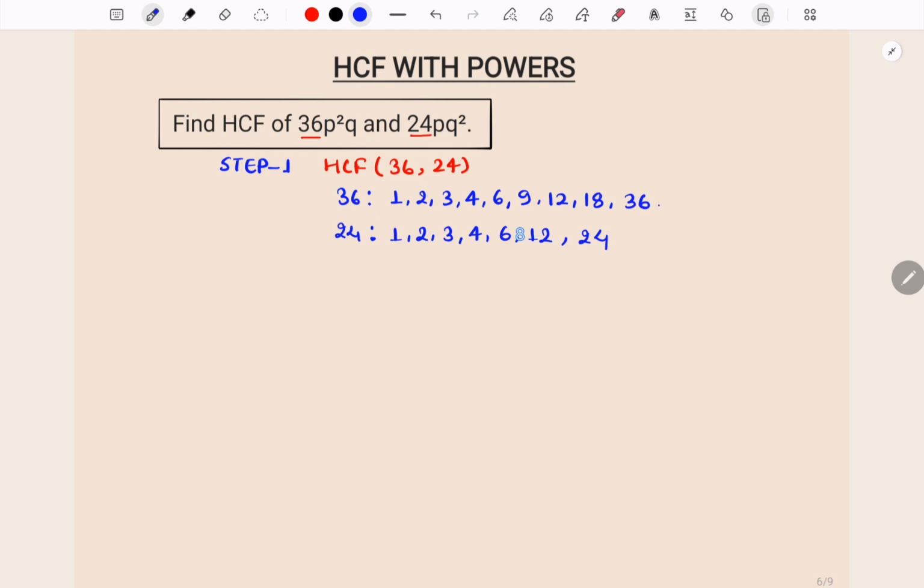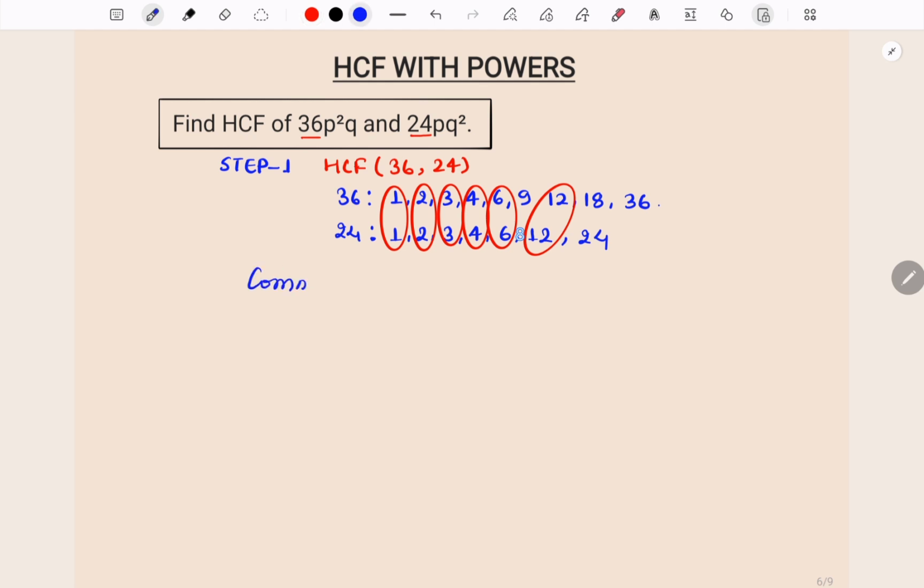Now, let's locate the common factors. Here, 1 is a common factor, 2, 3, 4, 6, and 12. These are the common factors, right? So let me write the list.